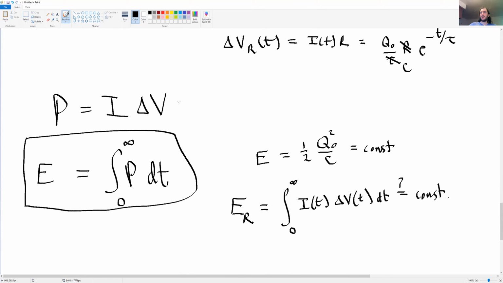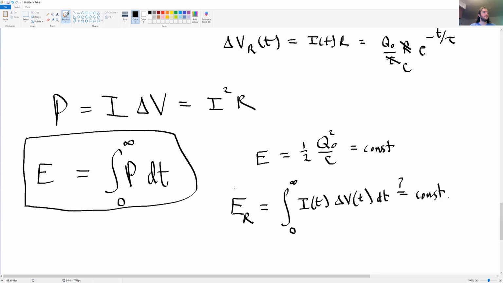So for example, you could also write it as I squared times R, right? And integrate I squared. And you should be able to integrate for all times, right? Because the capacitor is only at charge equals 0 when t goes to infinity. So you have to integrate from your initial time to your final time. Your initial time is t equals 0. Your final time is t goes to infinity, right? It's an improper integral.